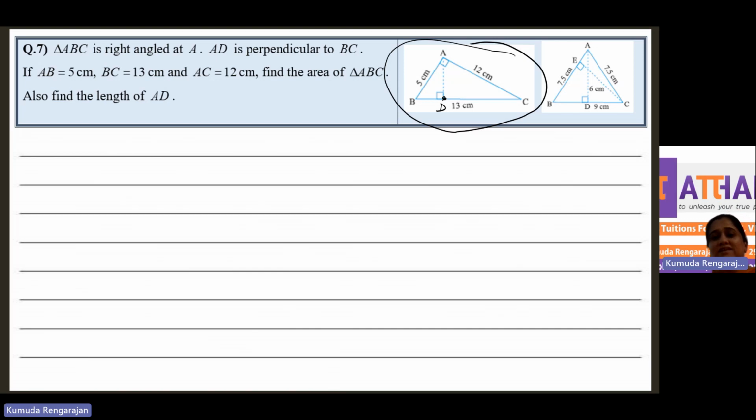In this figure, in the triangle I've circled, how many altitudes can you see? One, two, no, wait, three. Okay, you said AD. What's the second one?